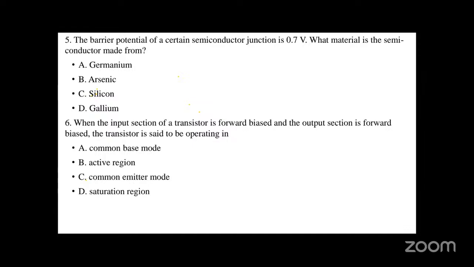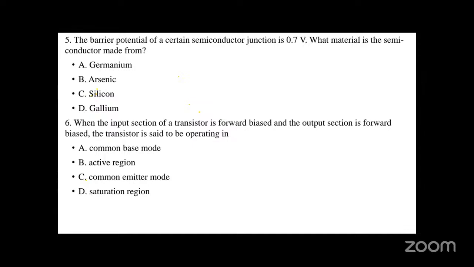Barrier potential is the potential difference across a PN junction that opposes the flow of current. When the barrier potential increases to a particular level, it prevents current from moving across from the emitter junction to the collector, or the base side to the collector side.